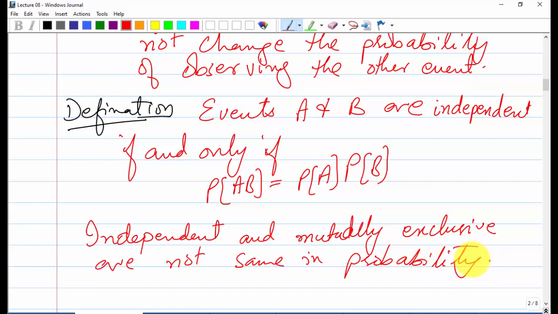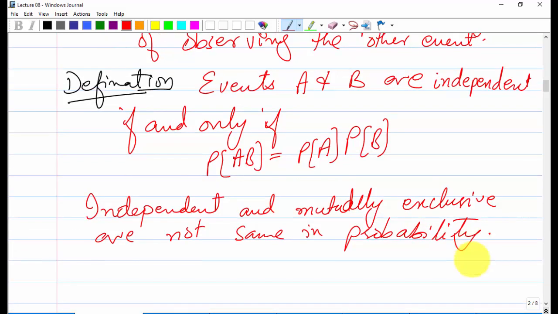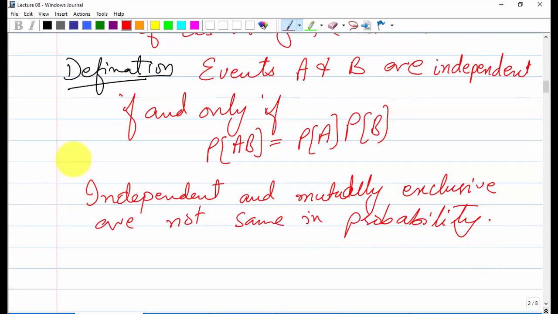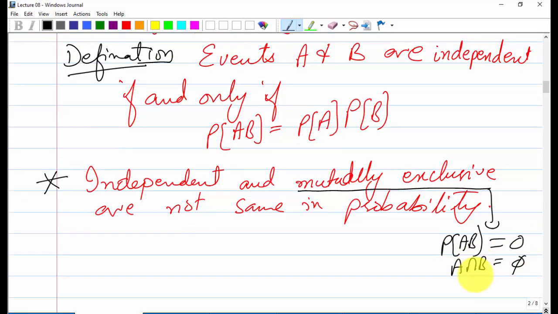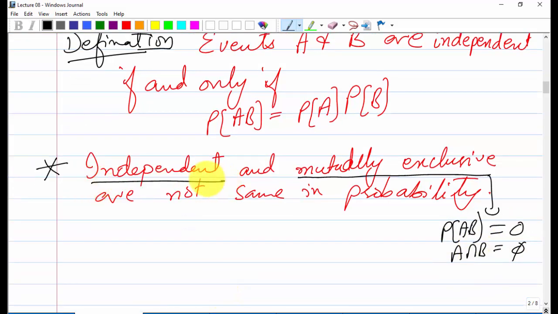In literature we may have some resemblance in these two words, but in probability we must be careful that these two statements are not the same, because for mutually exclusive events the probability of intersection of two events must be 0, or A intersection B should be a null set. But this is not the case for independence.